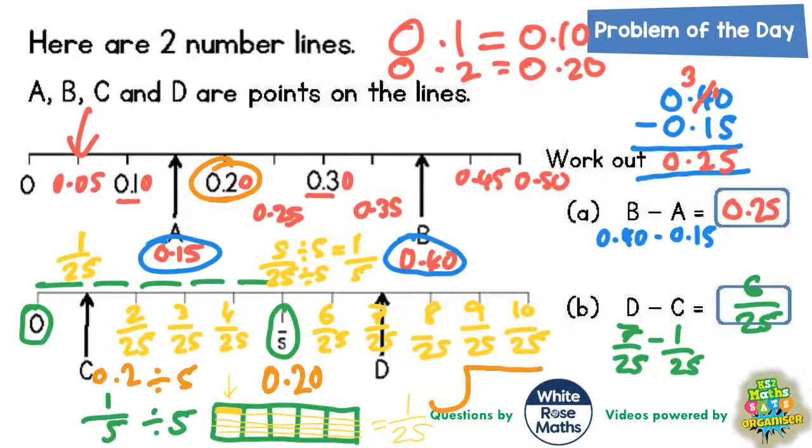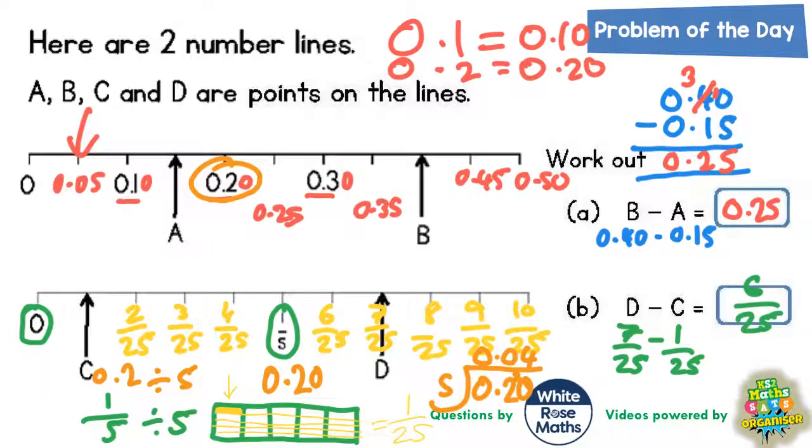And 0.20 divided by 5, 5's into 0 won't go. 5's into 2 won't go, but we haven't really used the 2, so we carry the 2 to make 20, and 5's into 20 goes 4 times. So 0.2 divided by 5 is 0.04.